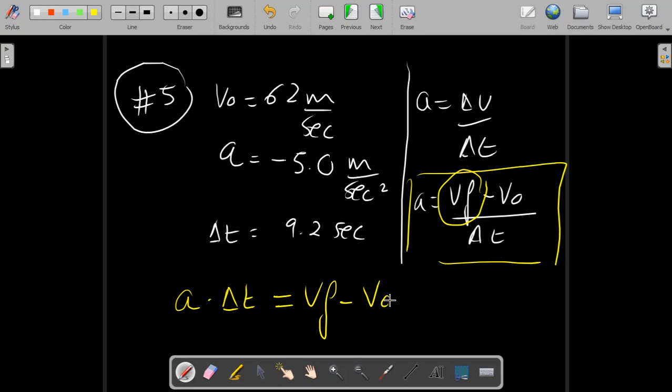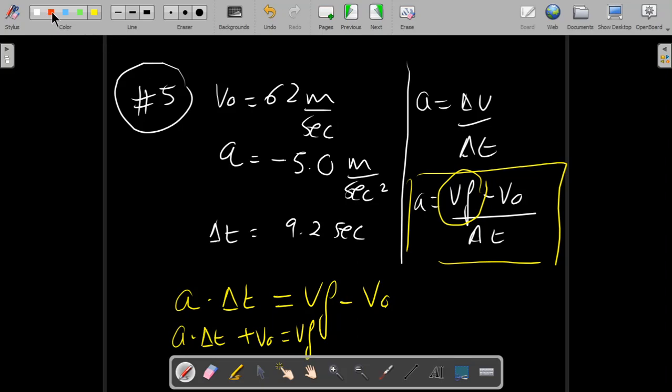Am I done? No, because I need to have my velocity final by itself. I said to you to get rid of anything that is minusing. You need to go on the other side as a positive. So let's do that. Acceleration times the change in time plus initial velocity is going to be my final velocity.